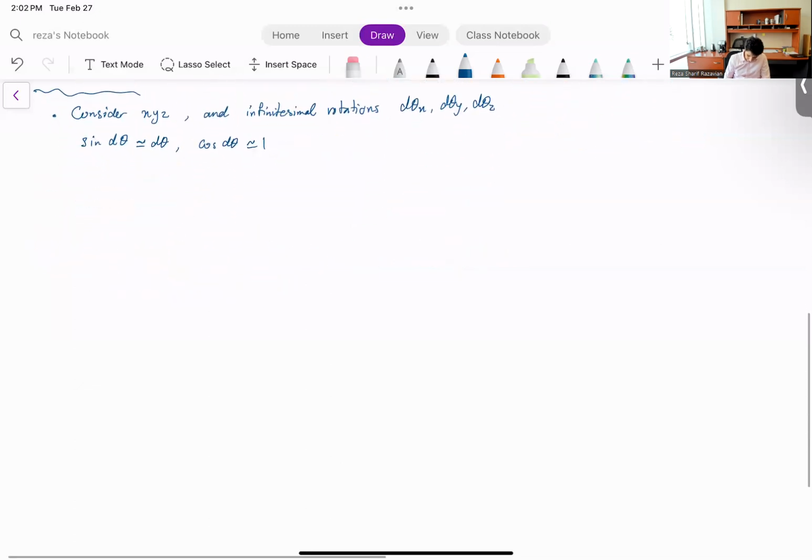Let me move here. For the x rotation, let me call it drx, just to show that it's a tiny rotation. It's not really a differential.